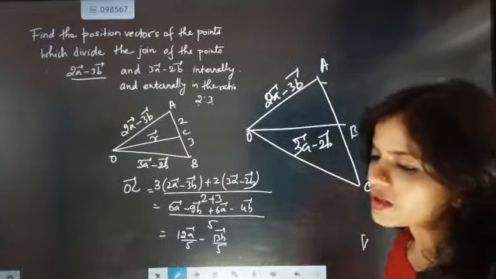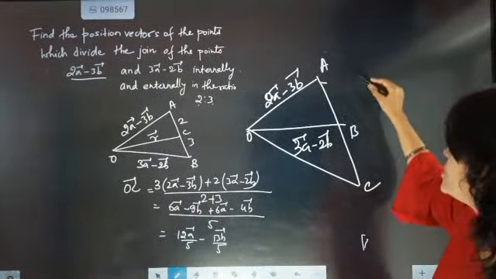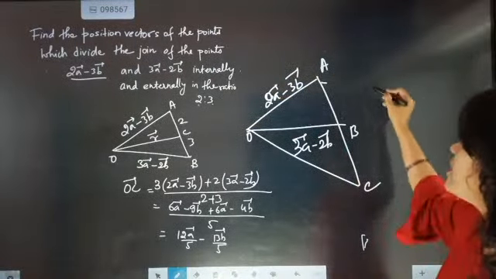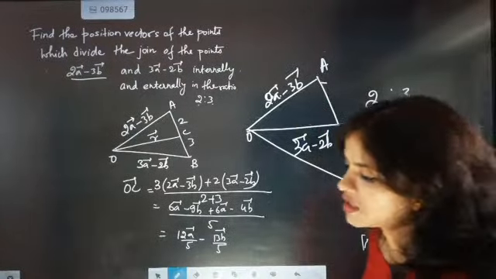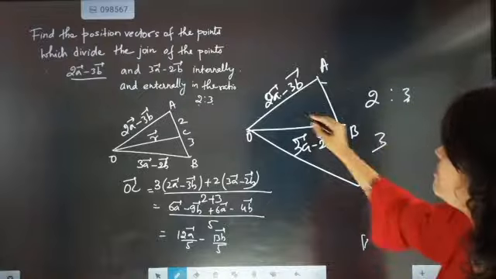Okay, so the ratio will be coming as 2:3. So if the ratio will be coming as 2:3, 3 will multiply with this 3 part, 3 part will multiply with this.